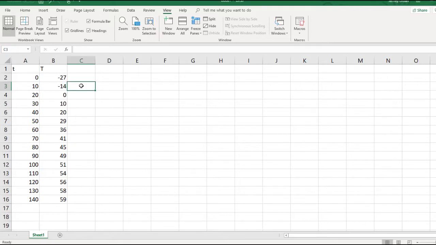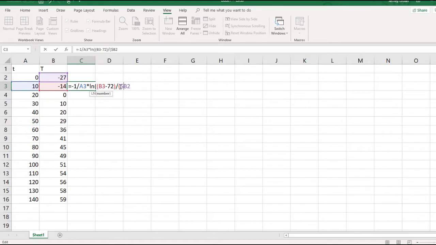We need to estimate the cooling constant K. Remember that the formula was -1 divided by the time times the natural log of the temperature minus the ambient temperature, which we'll take to be 72, divided by the initial temperature, which we'll take here.